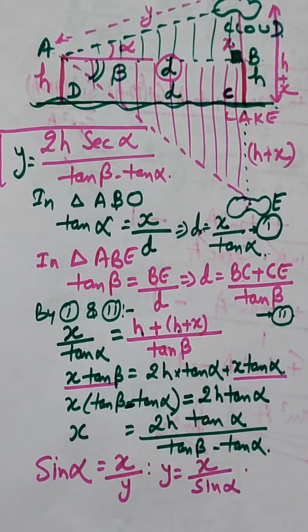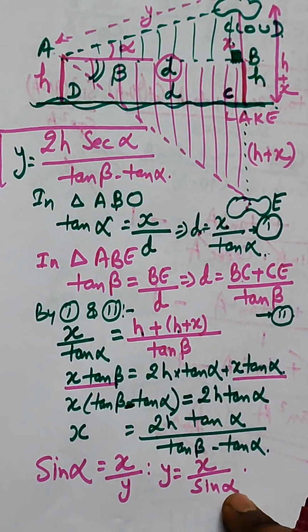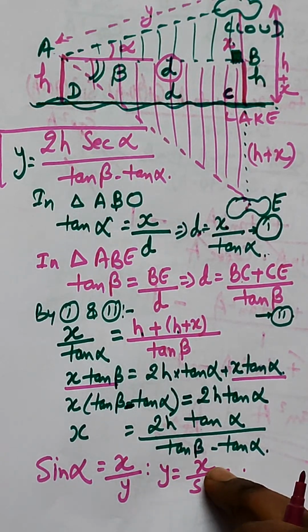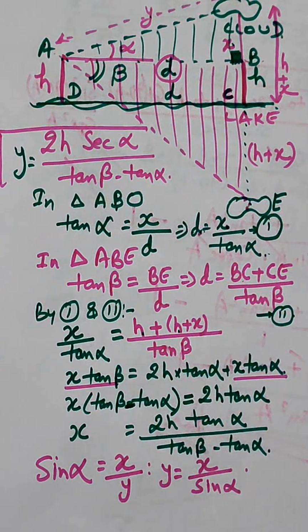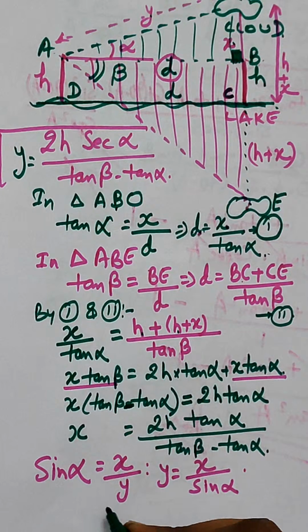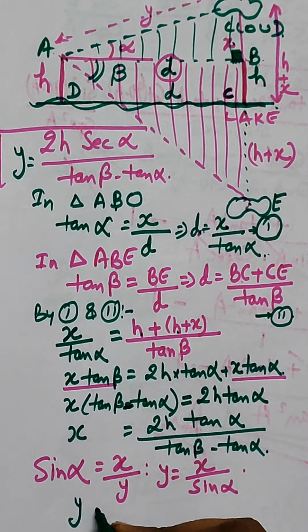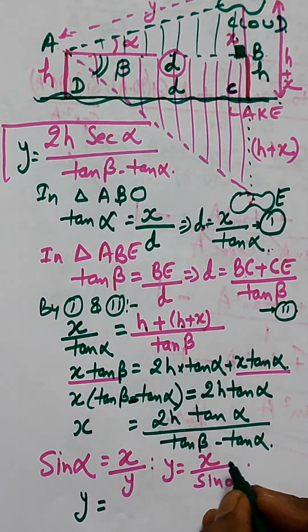So x by sine alpha. Keep it as it is and put the value of x over here so that you will get this answer directly, right? So y equal to x by sine alpha.